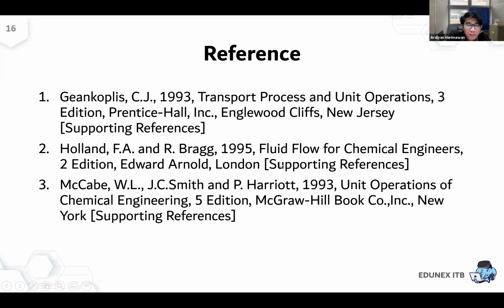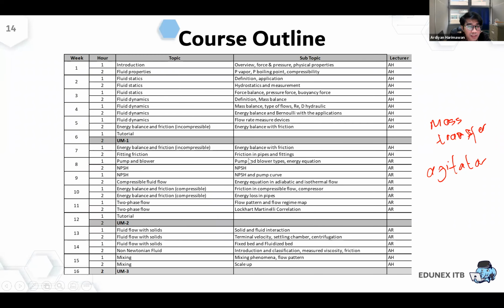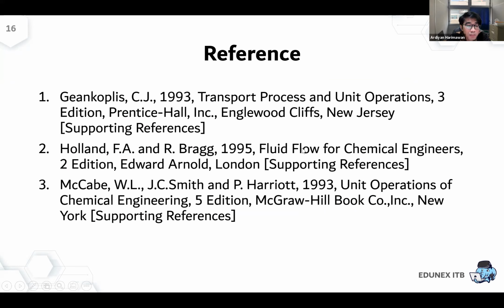But the second one is for pumps, fluid and solid flow, and compressible flow. The equations are mostly taken from these books. That's why I suggest you read at least 1 and 2.